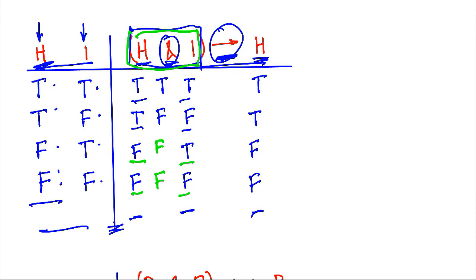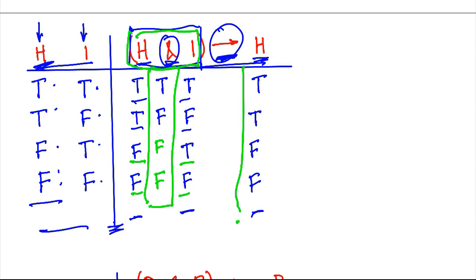Okay, now underneath the arrow, so now what we're considering is what's in this column and what's in this column. What's in this column here is the truth values for the antecedent, and then of course what's in this column here are the truth values for the consequent. Again, you should look at the characteristic truth table for the conditional, for the arrow, and when you do, you see that if the antecedent is true and the consequent is true, then the whole sentence is true, the conditional is true.